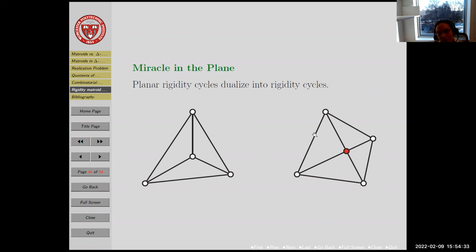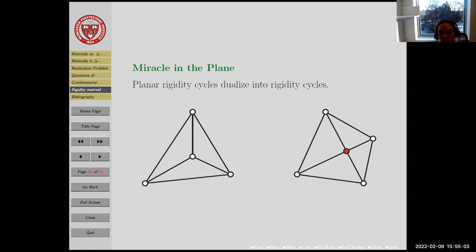And if I insert a vertex in my drawing that wasn't so planar, that is still a cycle in the generic rigidity matroid. So if my graph is embedded on a surface and edges cross, then the vertices of degree 4 don't really disturb the count. And so rigidity in the plane is characterized by an edge count, right?